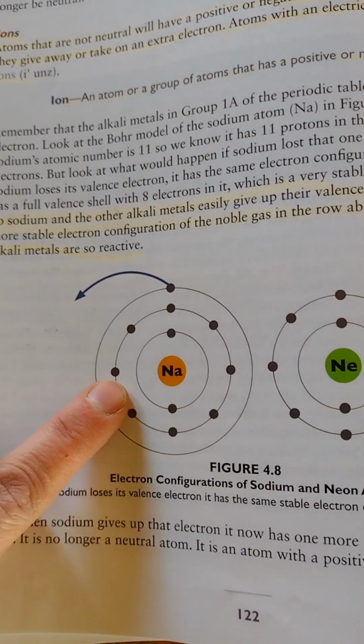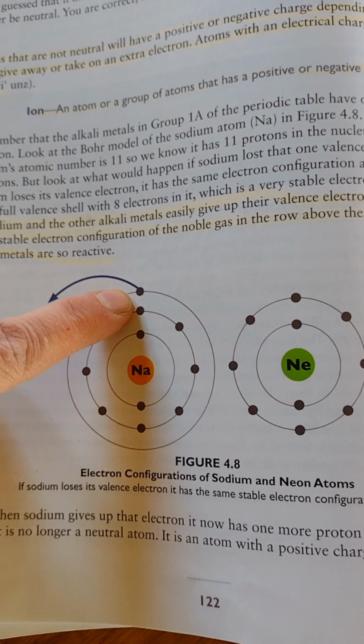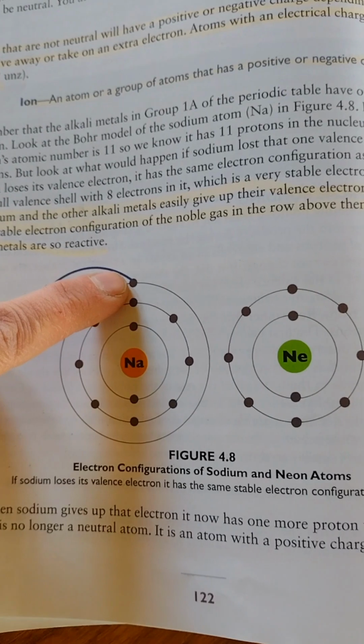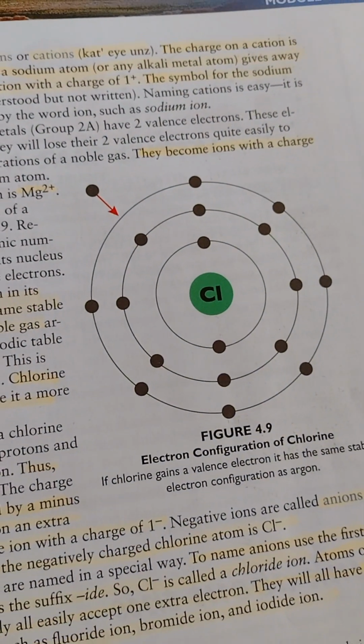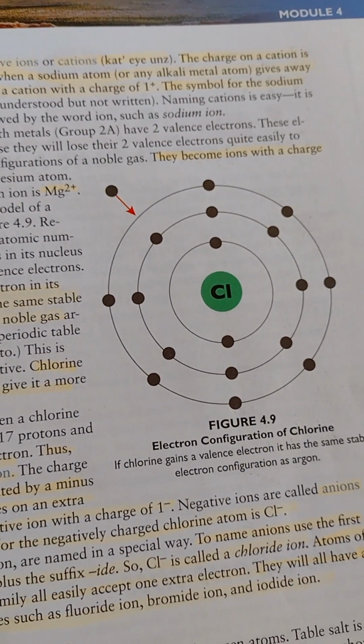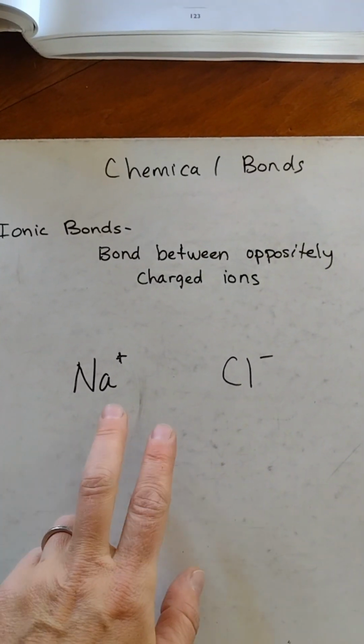Now, to do an ionic bond, these two want to, they're not exactly sharing, but one loses an electron and one gains an electron. And so sodium and chloride, NaCl, that's table salt, and that's an ionic bond that they have. Okay, I hope that makes sense.